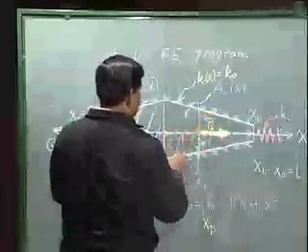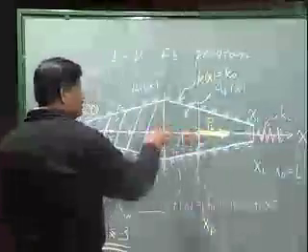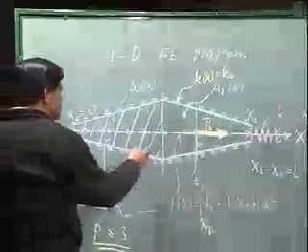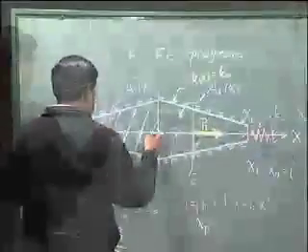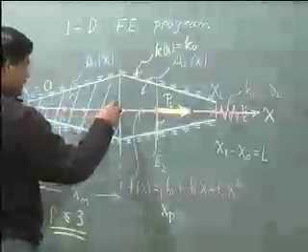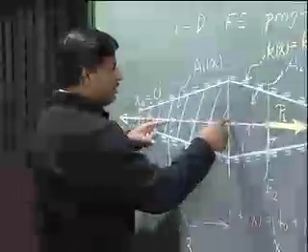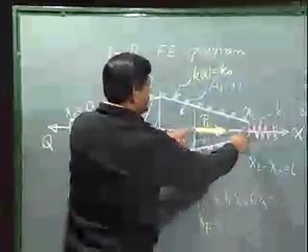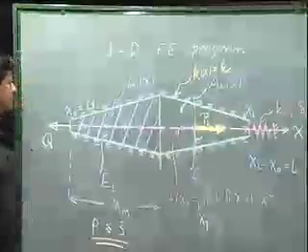We have to put a node here because at this point a concentrated load is applied. So my domain is broken into three parts: from x0 to xm, from xm to xp, and from xp to x1. These are the three parts that we would like to handle.